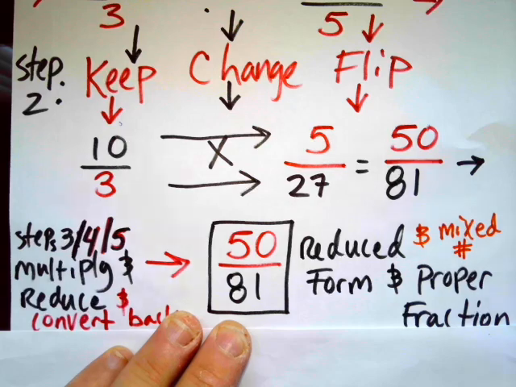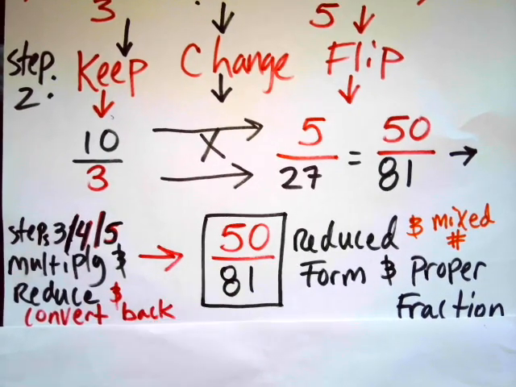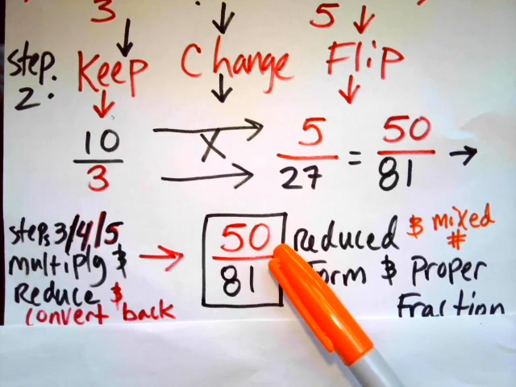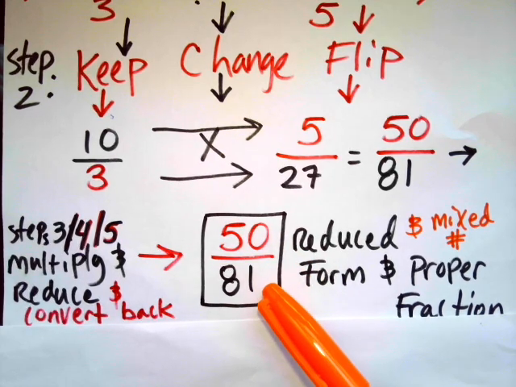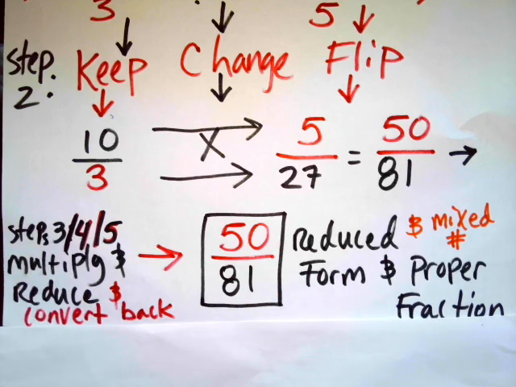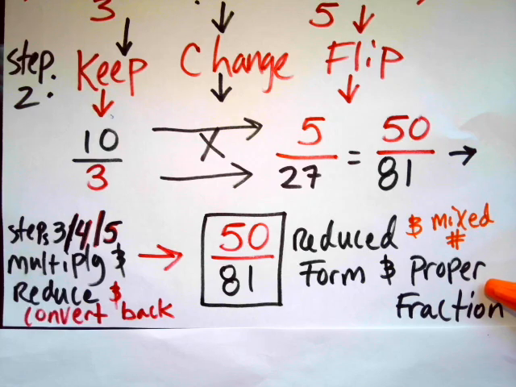And again, if you need review, I reviewed that in multiplying with fractions. I created an entire video on converting fractions. Since this is not a top-heavy fraction, the top number is smaller than the bottom number, and it's totally reduced, it will stay a proper fraction.